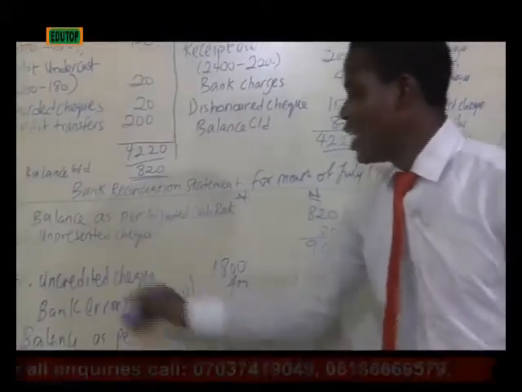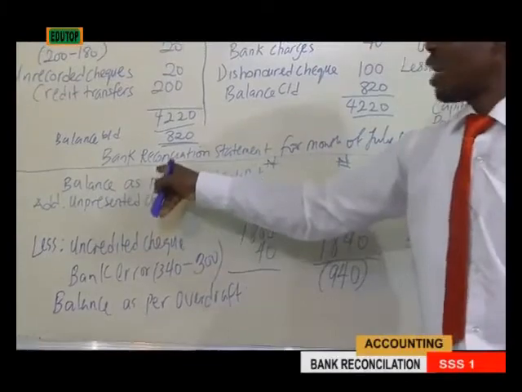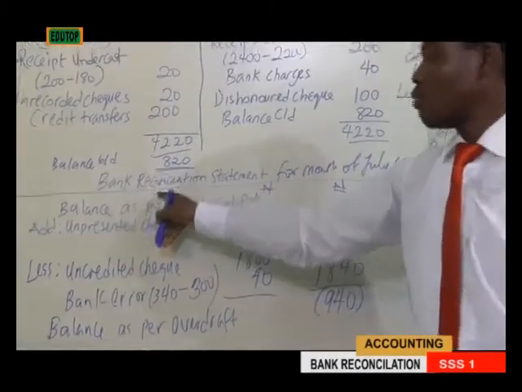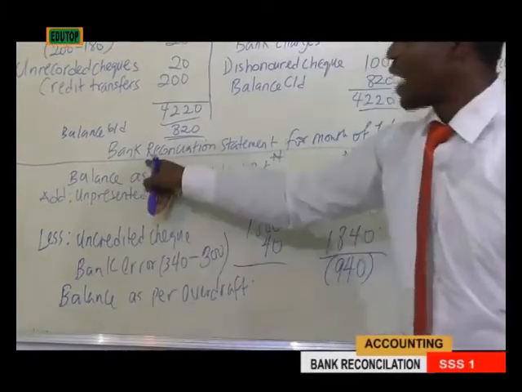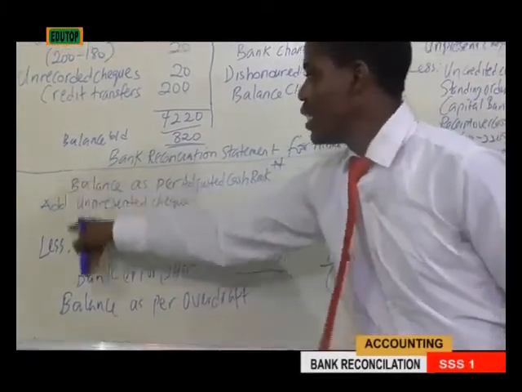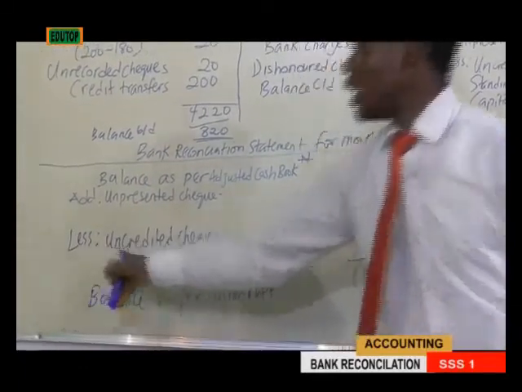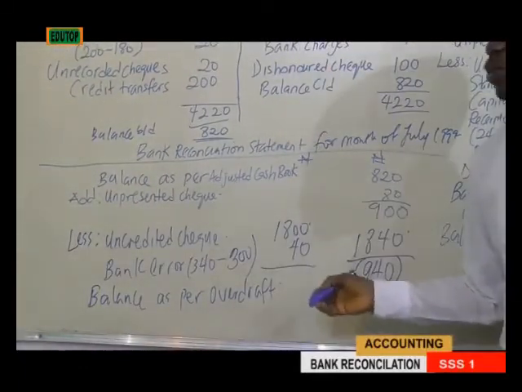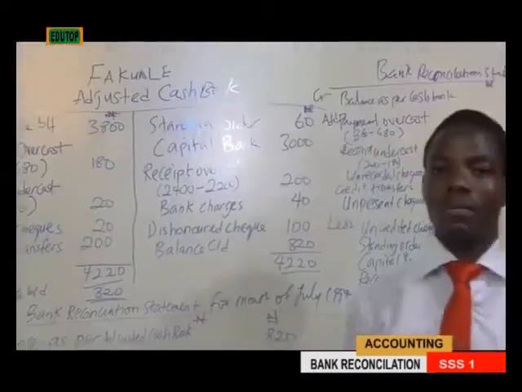So the information that relates to the bank statement will be up, and the information that has to do with the bank as per cash book will be under this. And if this one is to be at the top, then you add it. And if this one is asked to be put here, then you put less. So that is what we call bank reconciliation statement.